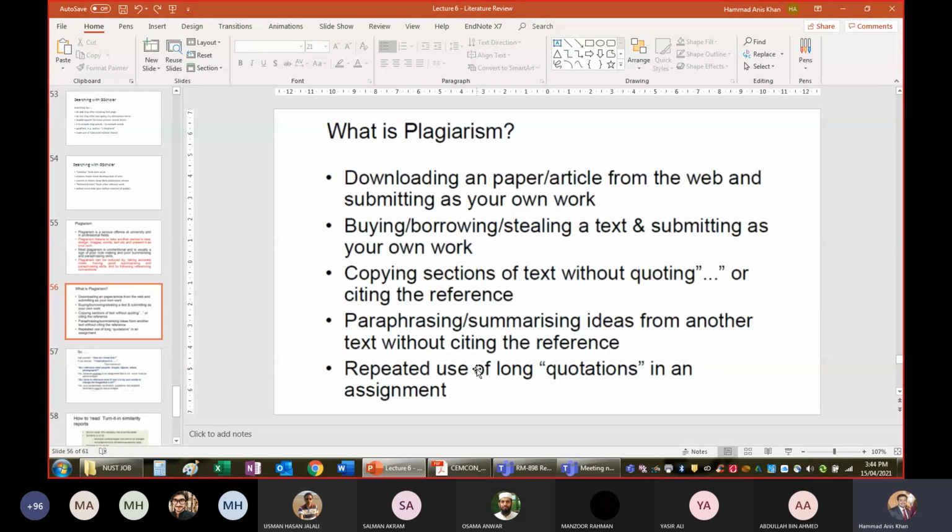Or you are summarizing the ideas from another text without citing the reference. It is also very important that when you are paraphrasing someone else's work, you should always cite the work which you are trying to summarize. And repeated use of quotations in an assignment is also not good.